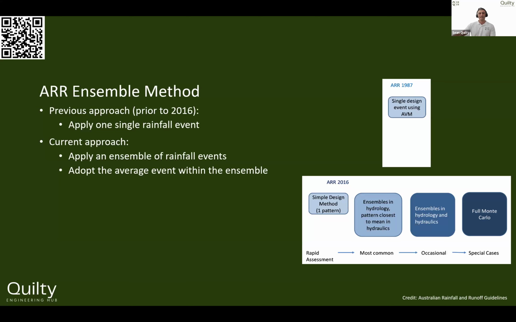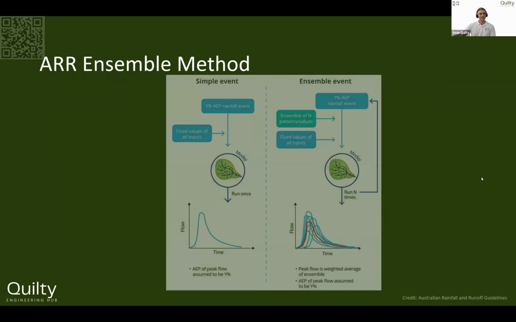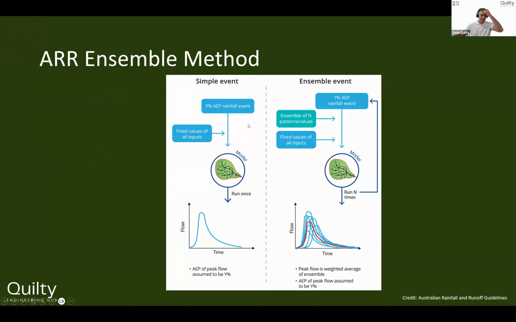So the way that we do that is, previously we would just have an AEP storm frequency. We'd put in all our inputs and we'd basically just run one hydrograph, essentially, find out how much flow is running off of that catchment. But now what we do is we enter in an ensemble, a group of temporal patterns.